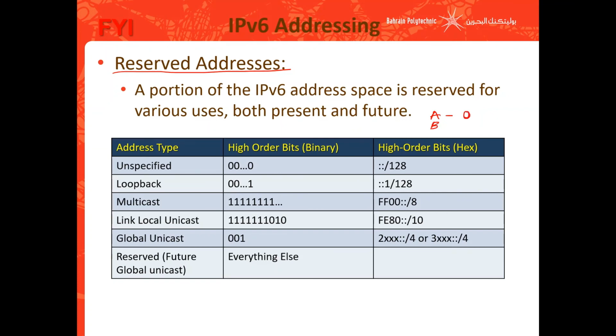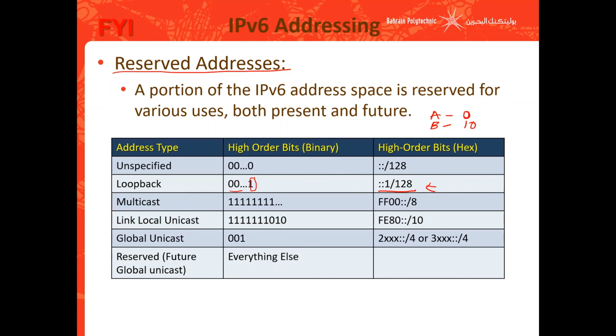If you're in class B, the first bits would be 1 and 0, and so on and so forth, right? In this case it is similar. If you have a loopback address, everything would be 0, and then you would just have 1 at the end. And if you represent it using the rules that we learned, it would look something like this. This is used for loopback, and loopback is nothing but for testing, right?